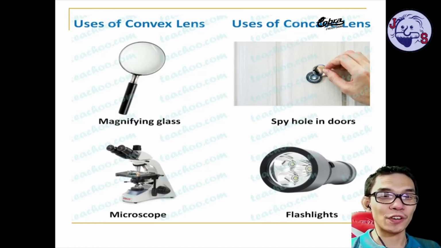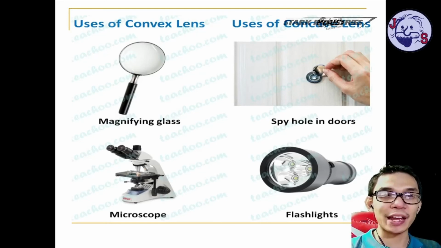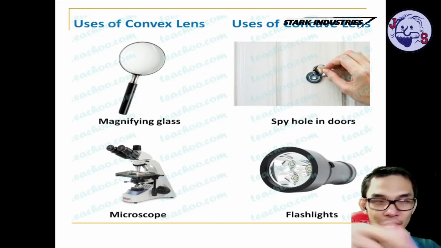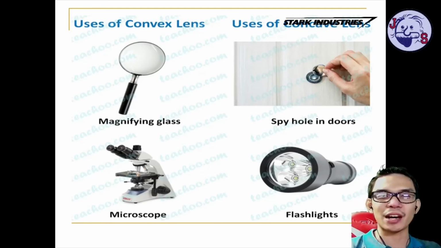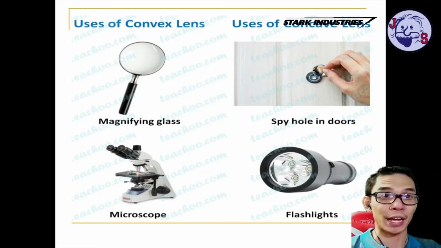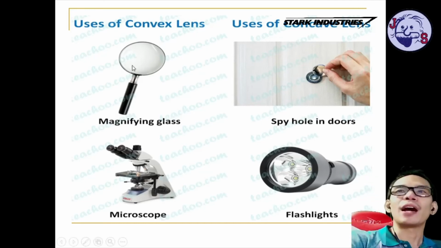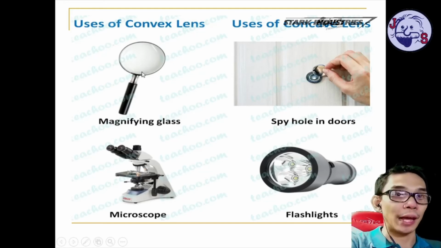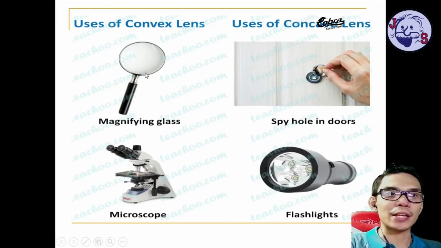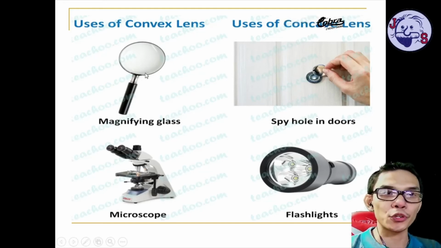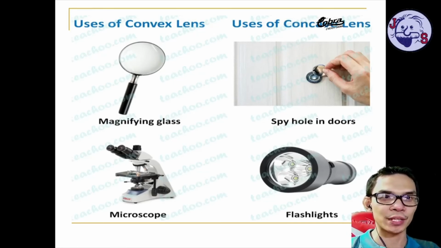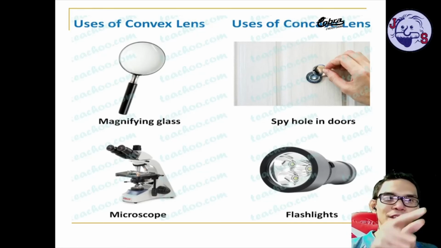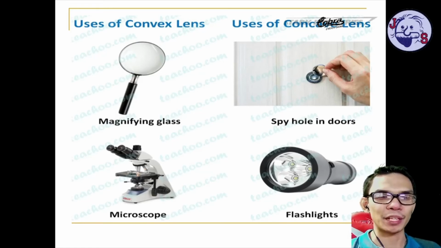If you want to find out, draw the ray diagram, and then let me know in the comment section whether it is possible or not. Again, using a convex lens, is it possible to produce a virtual image? If so, write it down in the comment section. If it is not, why not?